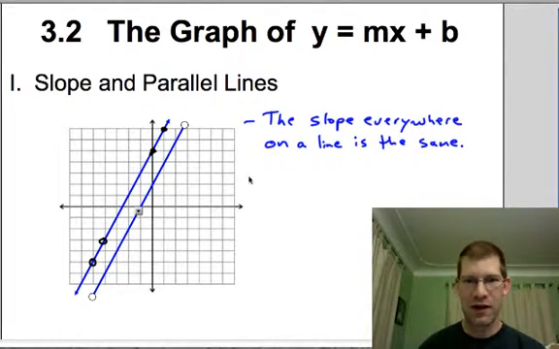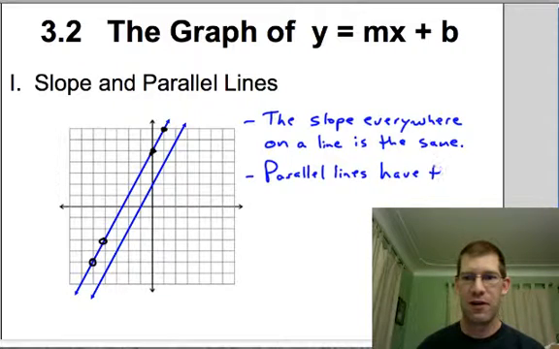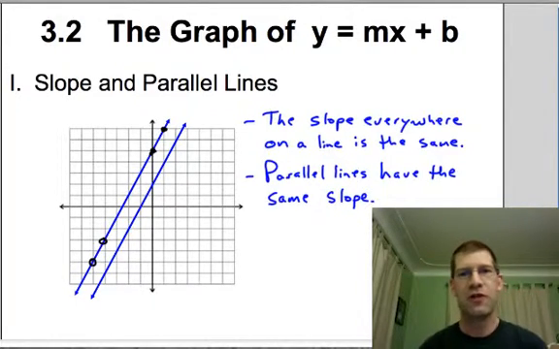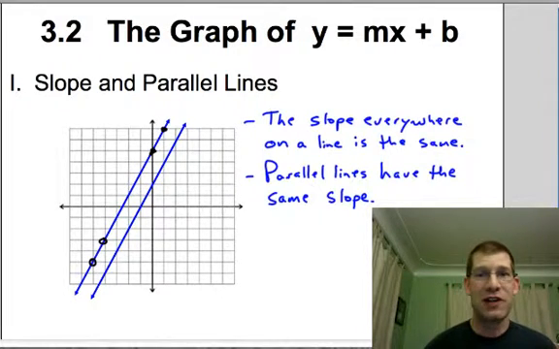So the second comment in Roman numeral 1: parallel lines have the same slope. Those are two things that are probably fairly intuitive. I don't know if you've thought about it, but they most likely make sense now that we've talked about it.